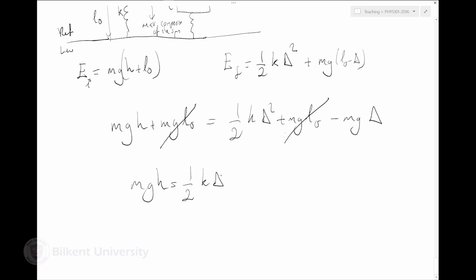Minus b over 2a, with a equal to k over 2 and c equal to minus mgh, gives delta equals mg over k plus or minus the square root of (mg over k) squared plus 2 mg over k times h.